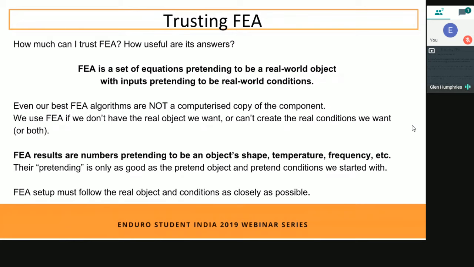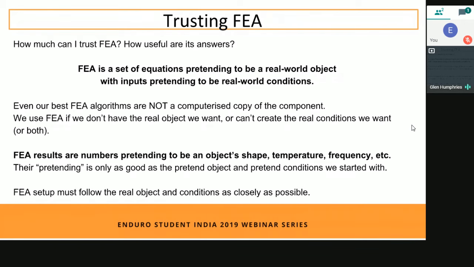There isn't actually a chassis inside your computer being pushed and pulled. It's just a set of numbers and a set of equations which are trying to be that. They're pretending to be a chassis, and we're sort of pretending to push on it by putting numbers into those equations. Of course, the output means that your FEA results, they're just numbers as well.